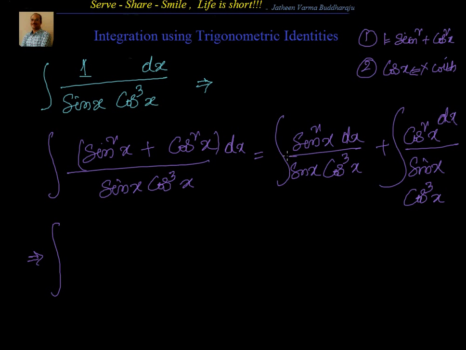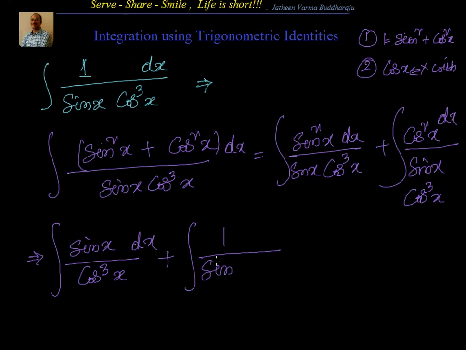We will simplify. We will have sin square x by sin x is sin x. So can I say sin x by cos cube x dx plus integral of, I have 1 by sin x cos x.